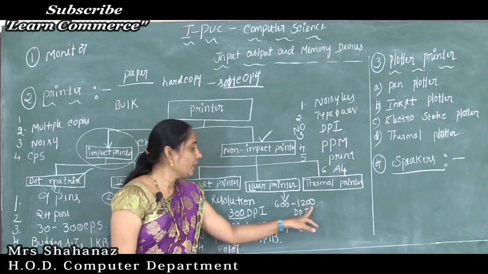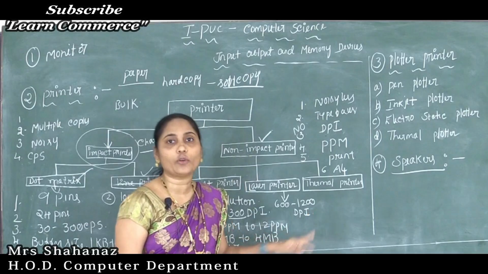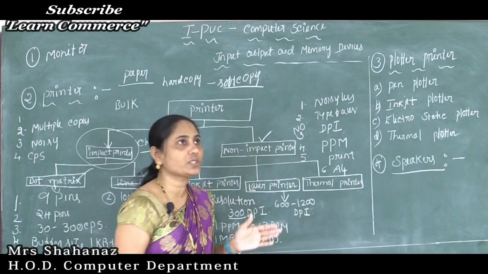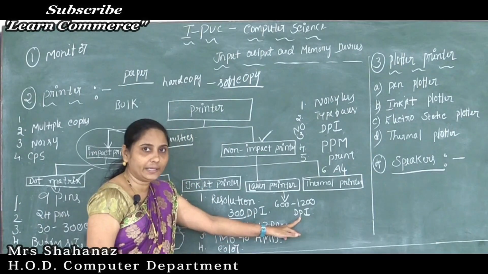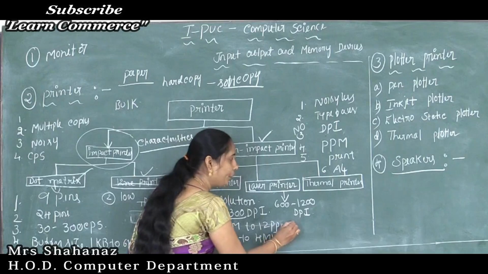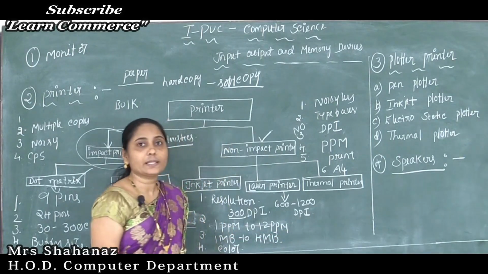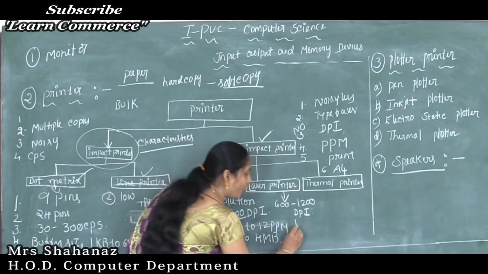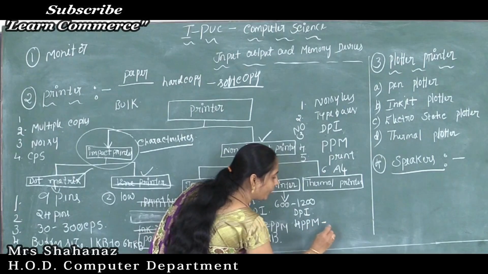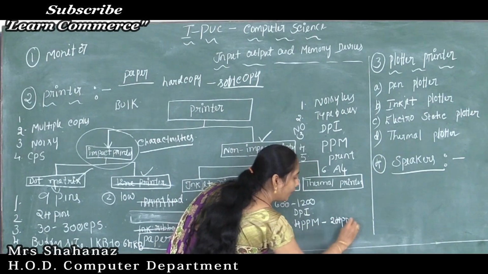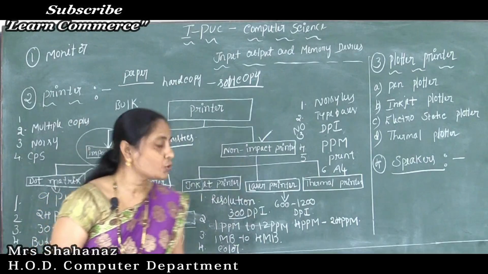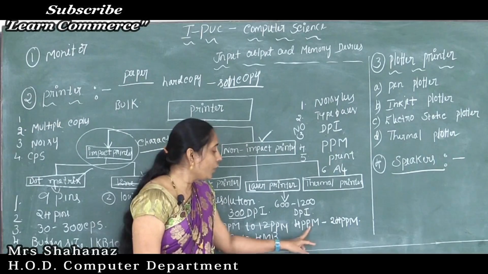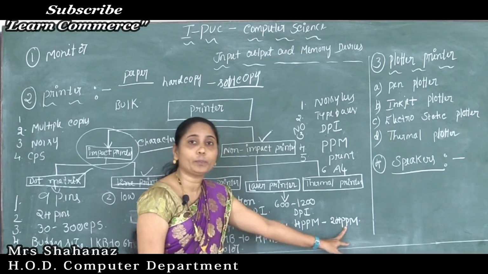So 600 to 1200 dpi resolution of the printer, quality of the display, varies from 600 to 1200 dpi here. And later we can say what about the pages per minute. In this case the printing speed varies from 4 ppm to 24 ppm, pages per minute.